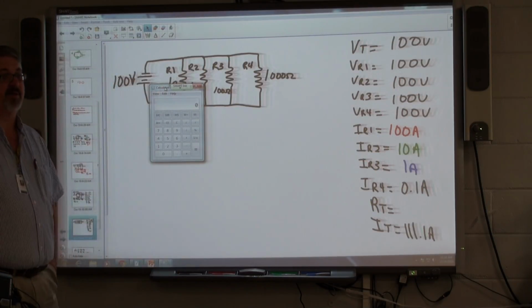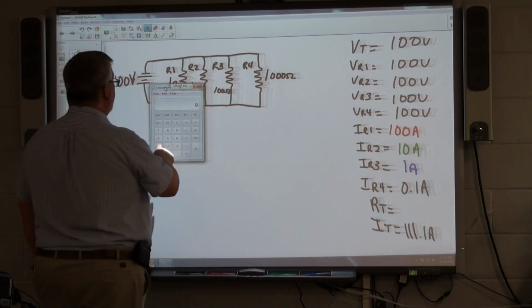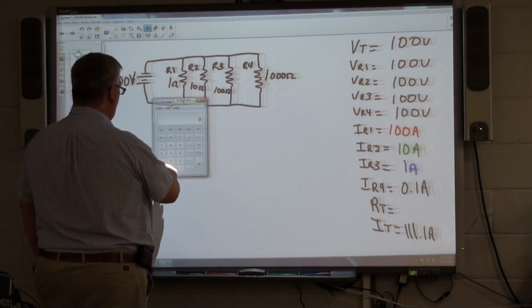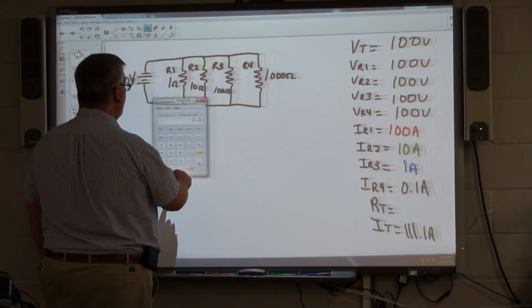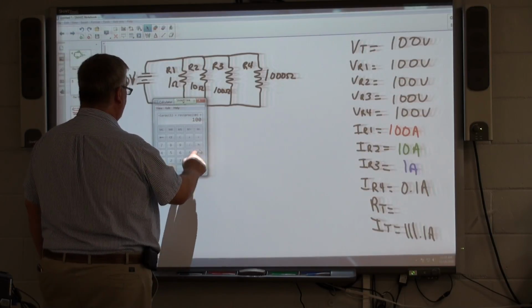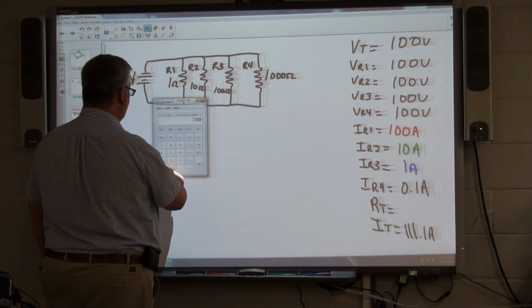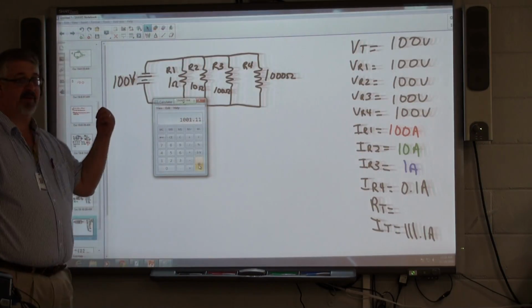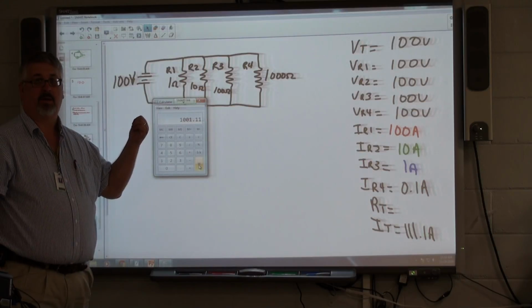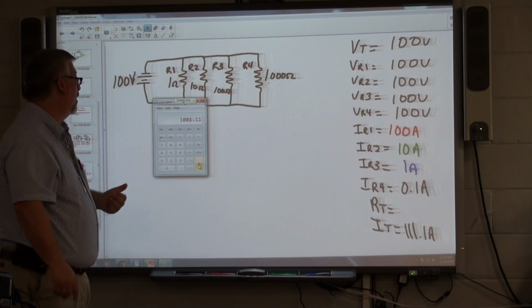That's the gotcha of using this calculator. So we're going to say 1 reciprocal plus 10 reciprocal plus 100 reciprocal plus 1,000 equals, and when I get the reciprocal of this, it should be less than what?